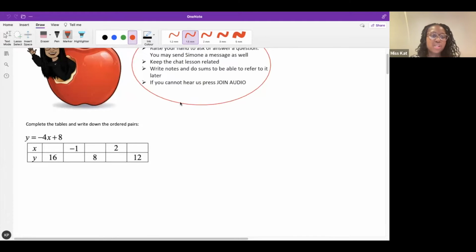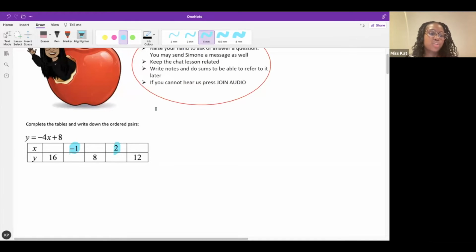Now, first things first, we're going to find coordinates or ordered pairs. So the instruction is complete the table, and then write them down as ordered pairs. So I'm going to ask -1 and 2.